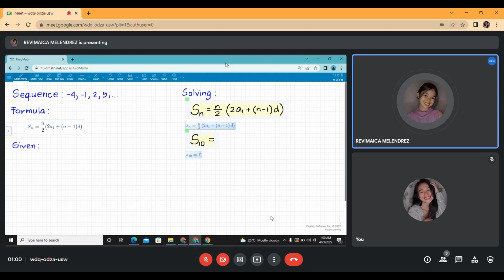So in the given problem, the values of a sub 1 and n are already given.